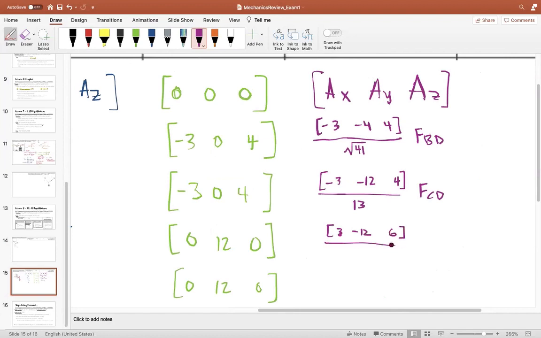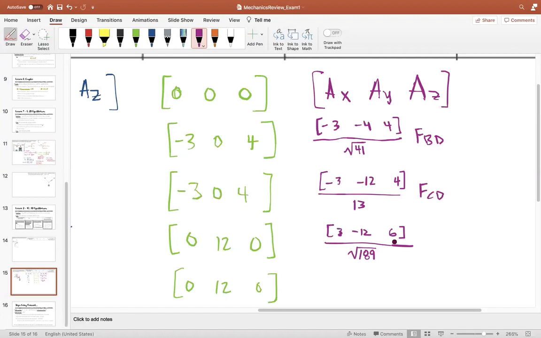Over what? The square root of 189. It's like 144, 36, and 9. It does come out to root 189. I just did the math.